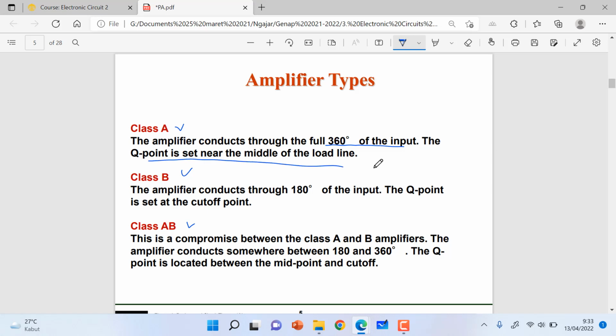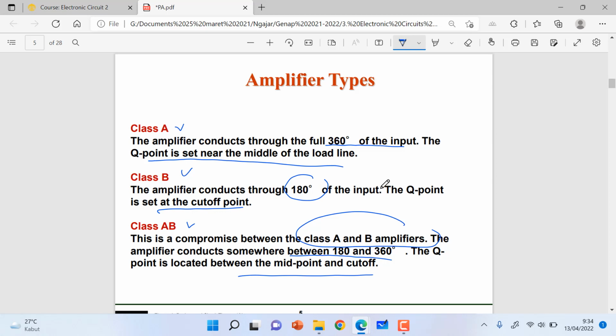For class B, the amplifier conducts 180 degrees of the input, and the key point is set at the cutoff point. And class AB is a compromise between class A and class B amplifiers. The amplifier conducts somewhere between 180 and 360 degrees. The key point is located between the midpoint and the cutoff.